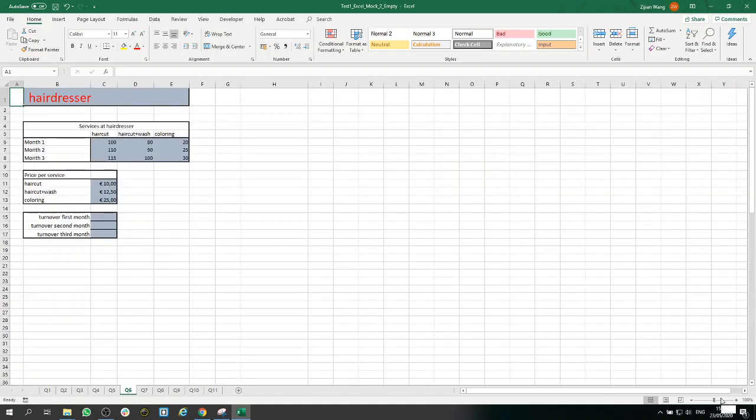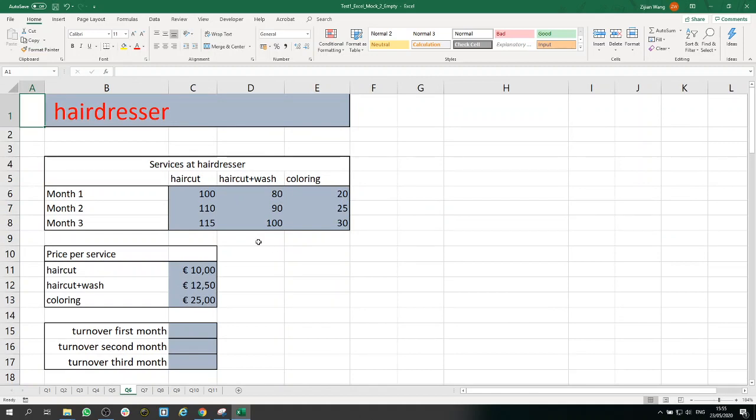What we have here is a table for a hairdresser, and that hairdresser keeps a record of 3 months, and in these 3 months they did a certain amount of haircut and wash and coloring. For each one of those there's a price.